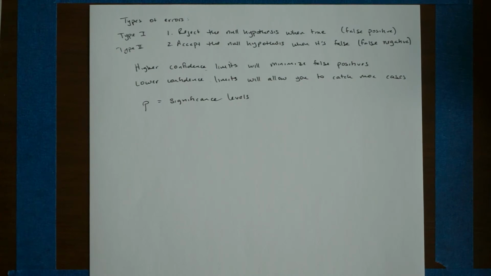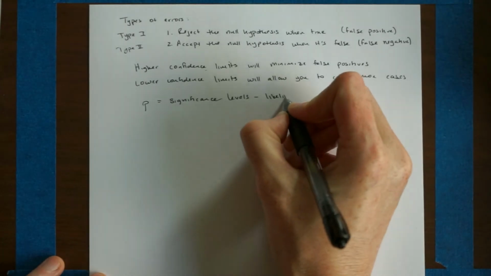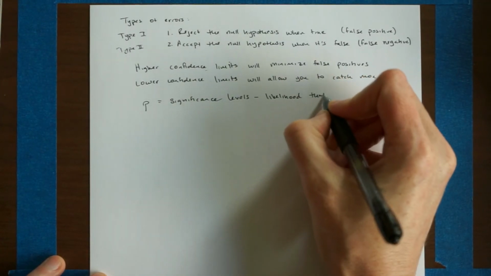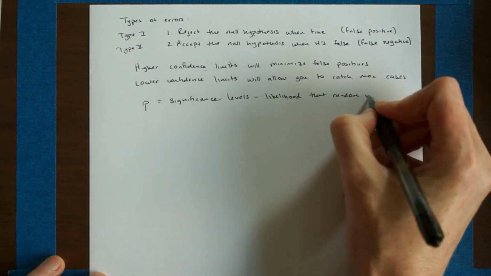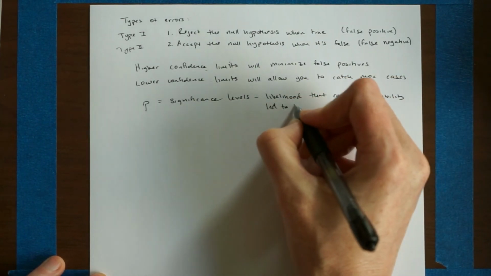So when people talk about p-values, what they mean is the likelihood that random variability led to the observed outcome.